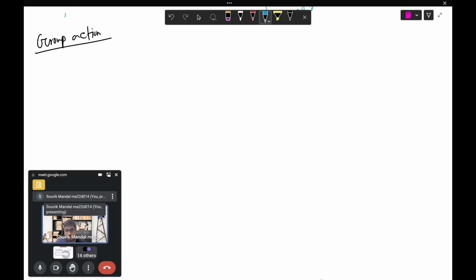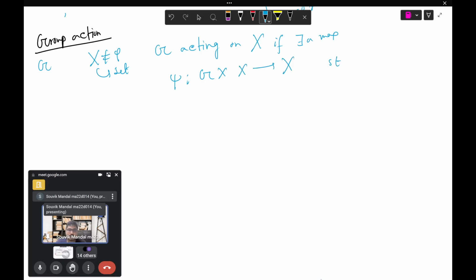By group action we mean there will be a group G and there will be a set X. We say that the group G acts on the set X if there exists a map, which we call psi, from G cross X to X such that psi of e comma x is equal to x, and psi of g1 comma psi of g2 comma x is equal to psi of g1g2 comma x.